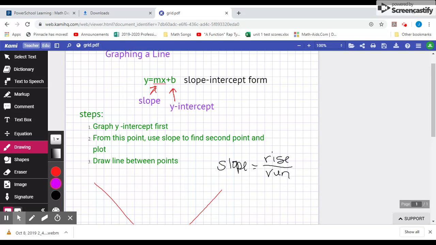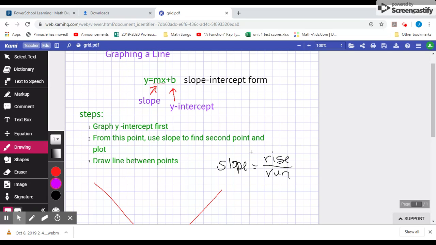Once we have a second point plotted, we can draw the line to connect the 2 points and finish our graph.